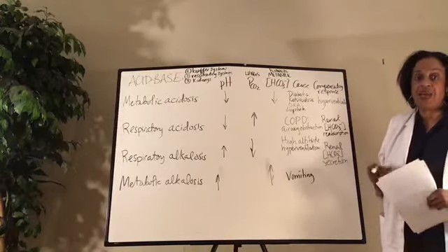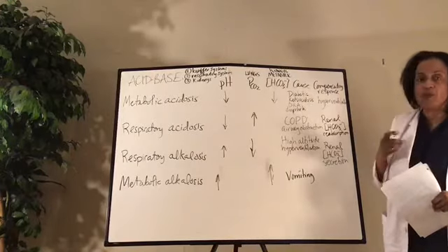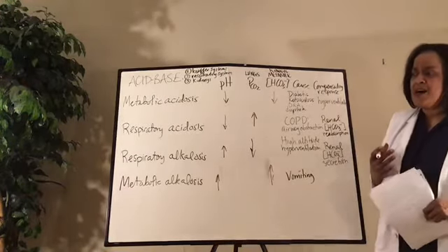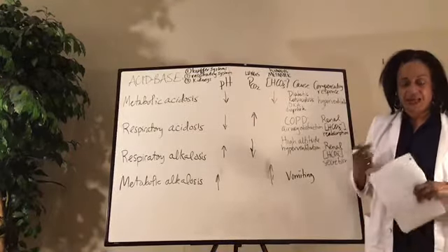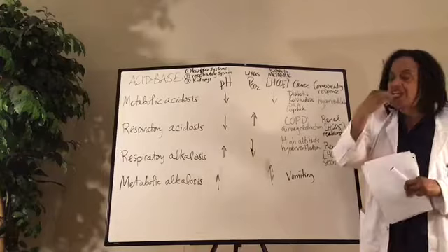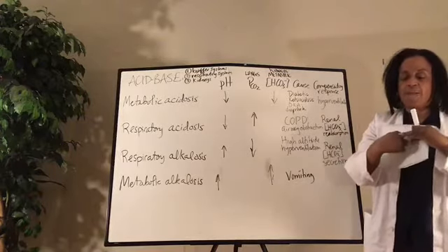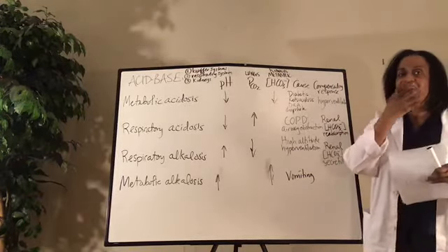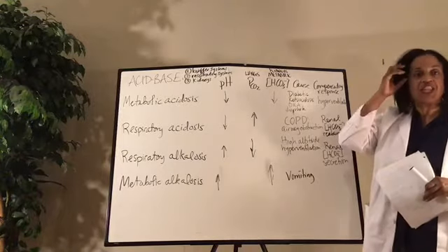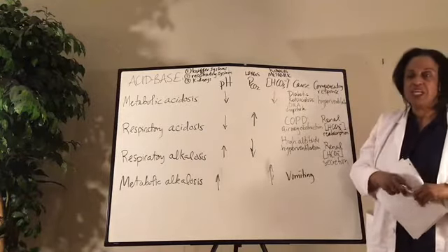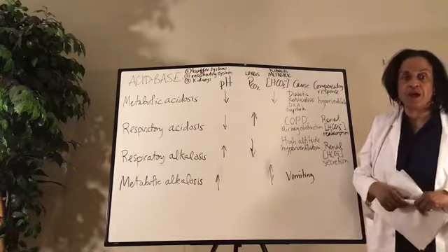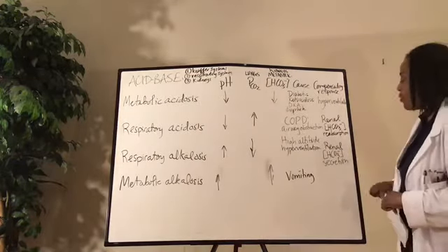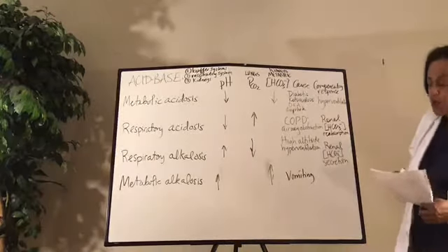And you can tell when people do this kind of serial emesis. A lot of models do that. They'll put their fingers down and throw up. You'll see marks on the knuckles where the teeth hit, and a lot of times they'll have to get their teeth recapped or fixed because the acid that came up through the vomiting has eroded the enamel on the teeth. So vomiting will cause this.